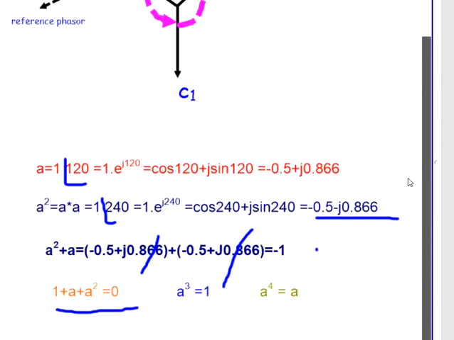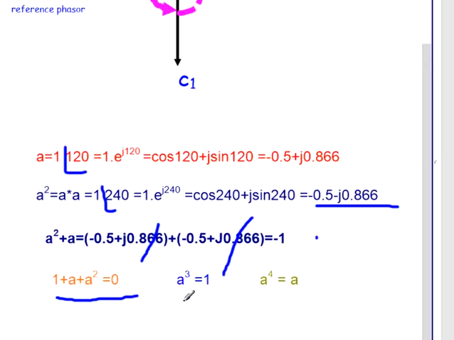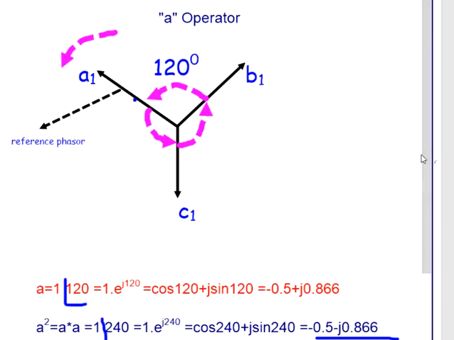Now the same thing he had been given, a cube equals to 1. So 360 is nothing but 0, that is a reference point. And a to the power 4 again comes to, if it again rotates to C1, then it is A. Now this is about the operator A. By using this, how I can make my analysis simpler?